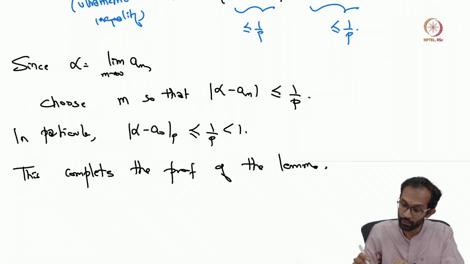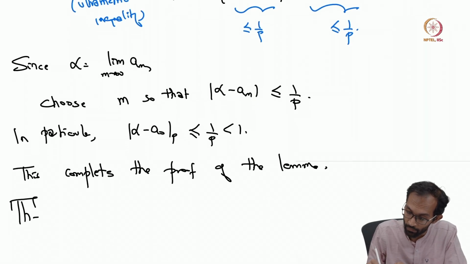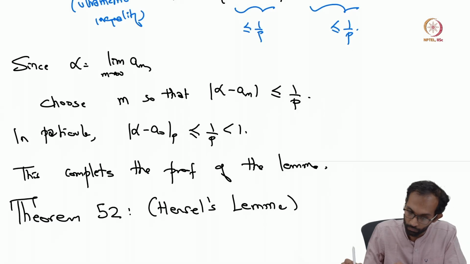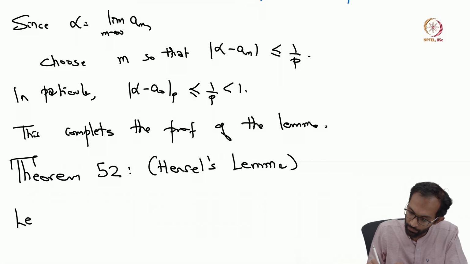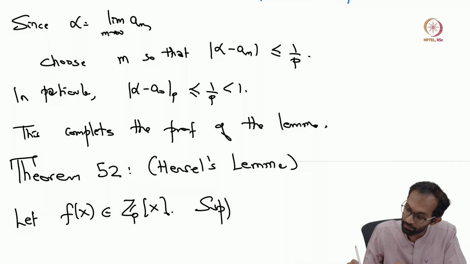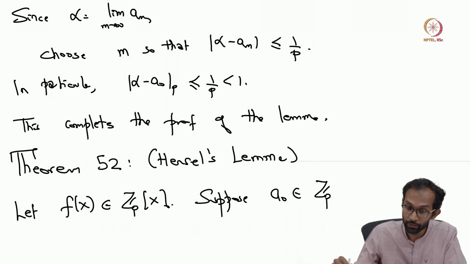So now we can move on to Hensel's lemma, which I'll state as a theorem. This is theorem 52, also sometimes called Hensel's lemma. So you start with a polynomial f in one variable over Zp, and suppose you can find an initial approximation, an initial good root.